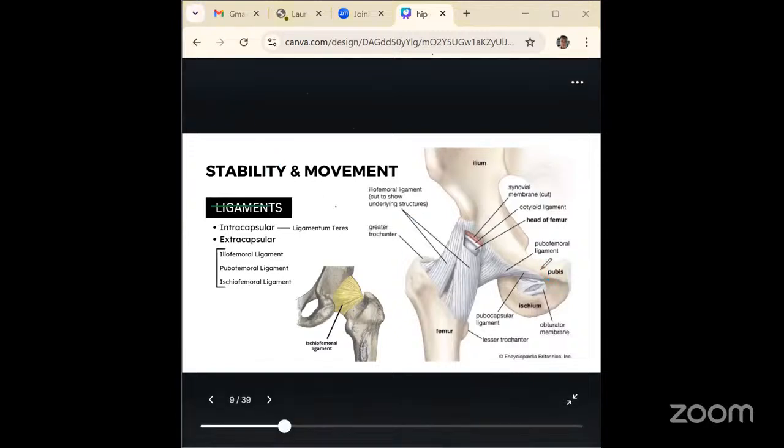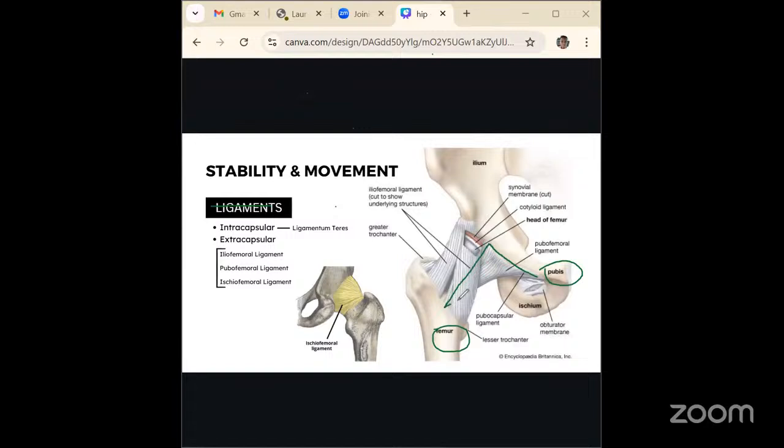This is the pubis, and this is the femur. We say that the pubofemoral is triangular. It is connecting the pubis and the femur, and it's triangular shaped. Now, you are seeing that it is in the anterior compartment. Can you see that it's in the anterior compartment?